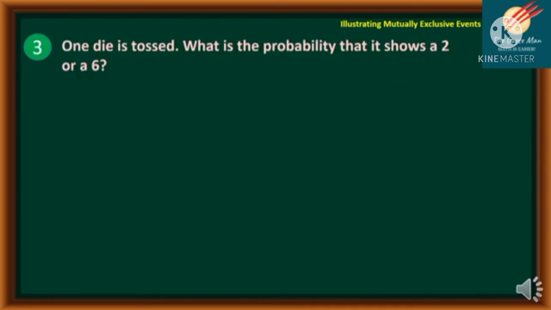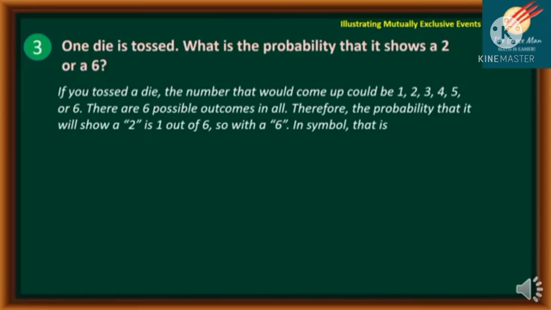One die is tossed. What is the probability that it shows a 2 or a 6? If you toss a die, the number that would come up could be 1, 2, 3, 4, 5, or 6. There are 6 possible outcomes in all. Therefore, the probability that it will show a 2 is 1 out of 6, and the same with the 6.